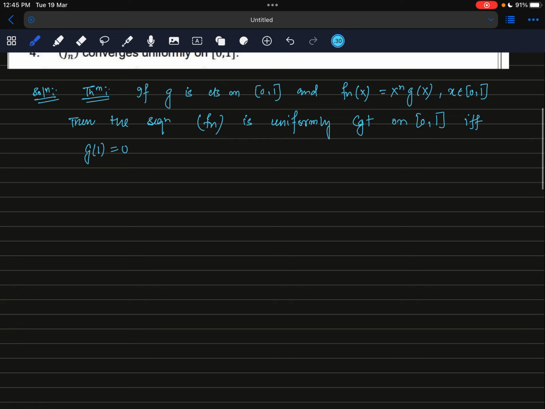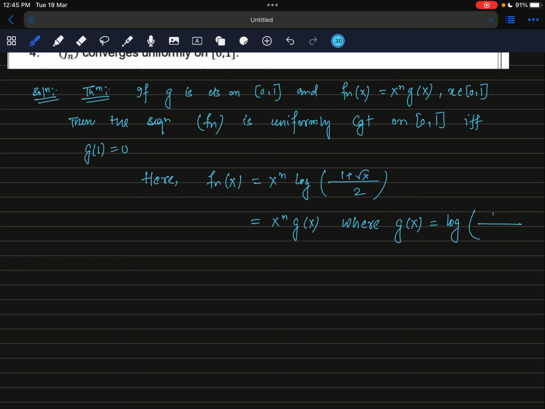Here f_n(x) equals, so we can write it as g(x) where g(x) is this.